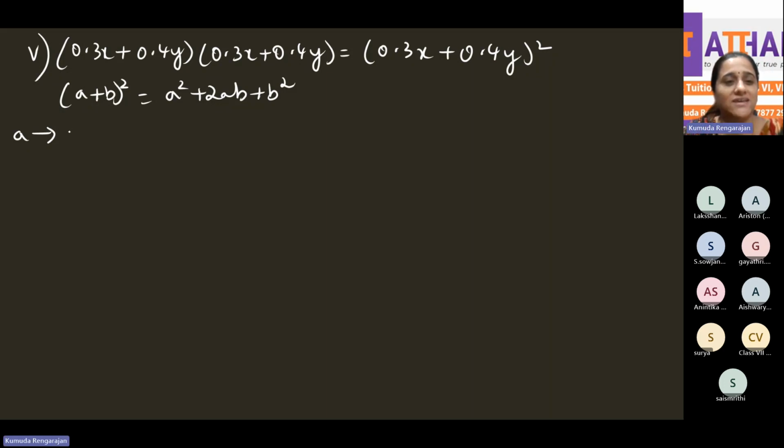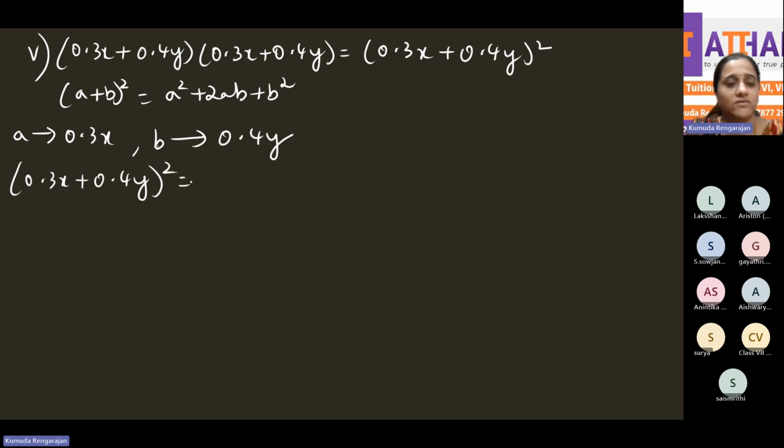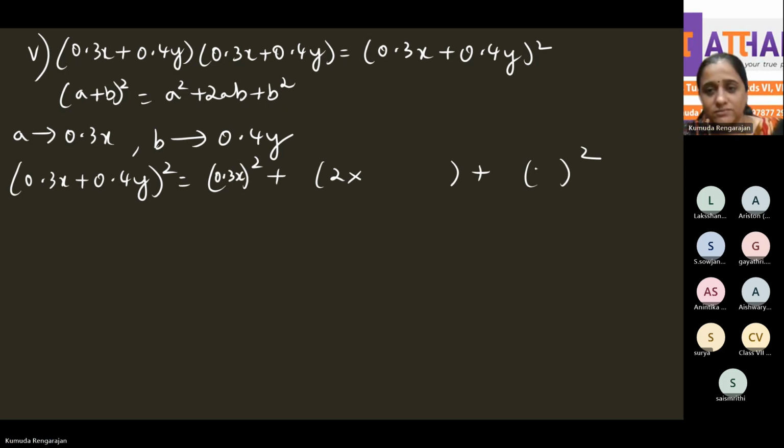Okay, so what is a? 0.3x. And b? 0.4y. So (0.3x + 0.4y) the whole square is equal to a square, 2ab, b square, where 2 into 0.3x into 0.4y.